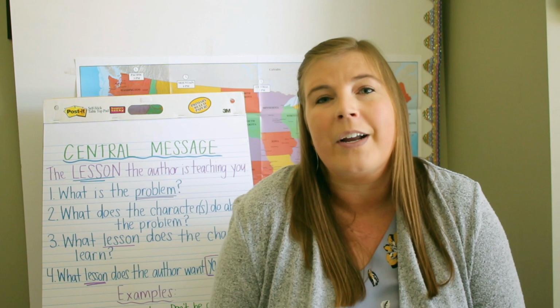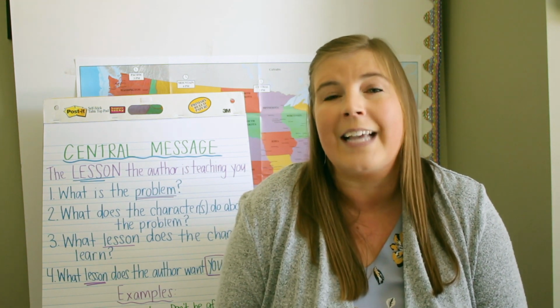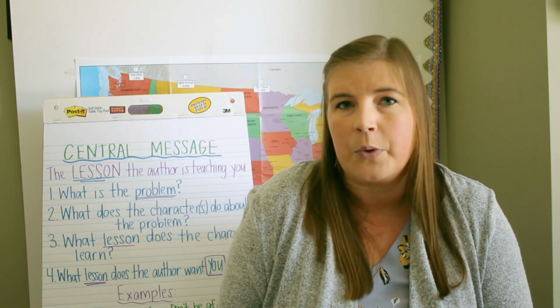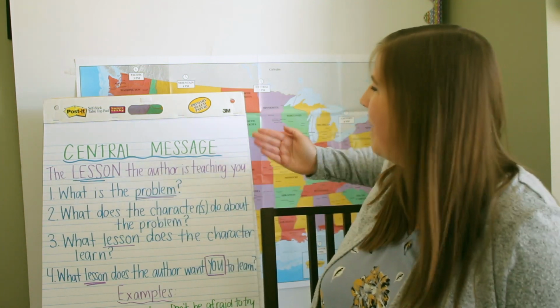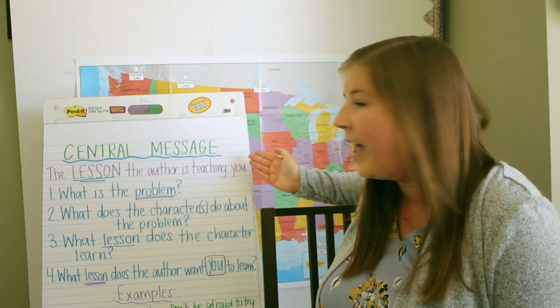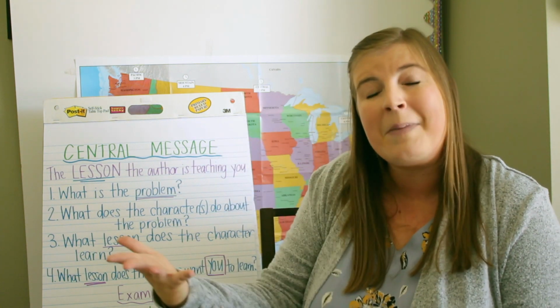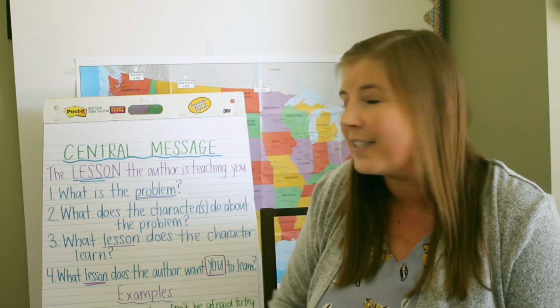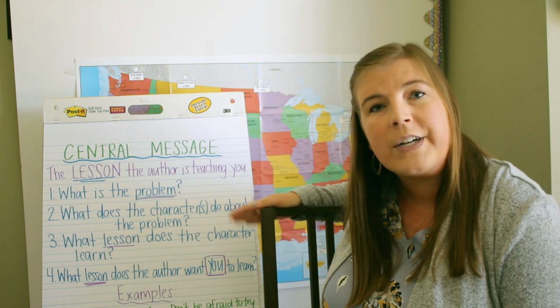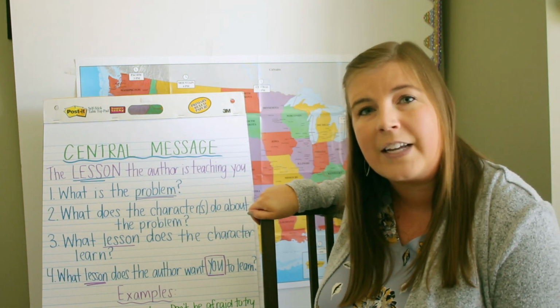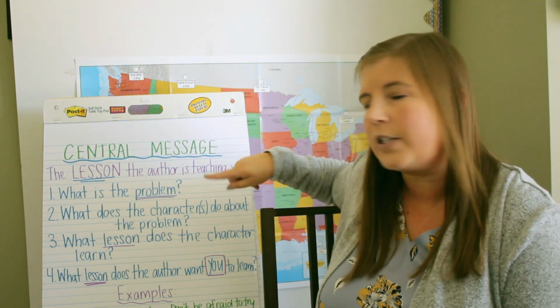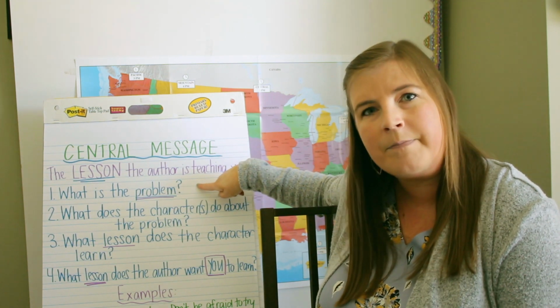The second thing we're going to do today is determine the central message of the story. The central message is the lesson that the author is trying to teach you and me, the readers of the text. There's 4 steps we can take to determine the central message. First, what is the problem?